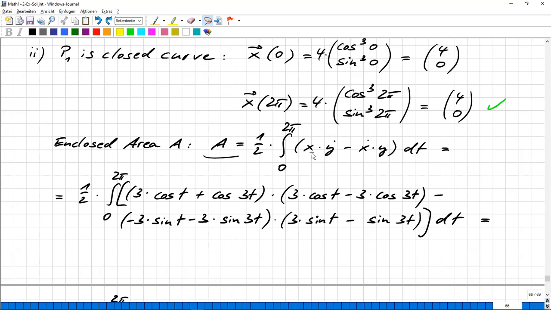So that's the first part. Then minus, and this time the first component must be differentiated for t. So now look here, this is still the original x, and we want to construct the x dot from here to here. So the derivative of cosine of t, as you all know, equals negative sine of t. That's why I get negative 3 times sine of t. Please note that this factor of 3 was there from the beginning, also here, while the other one just appeared due to differentiating. Okay, don't mix it up.